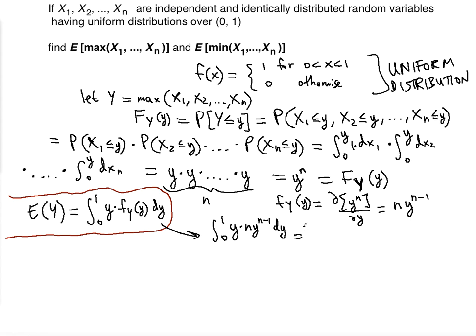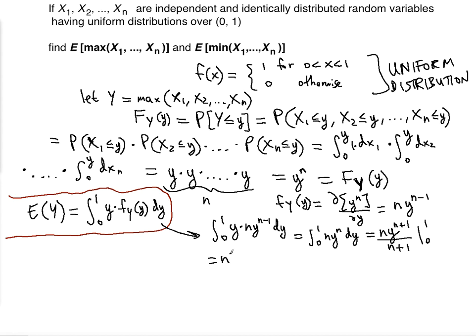That's going to be the integral from 0 to 1, and the y's can be combined as bases: n minus 1 plus 1 is n. And this is very easy. It's going to be n y, the power will increase by 1, and you also need to divide by that final power, integrated from 0 to 1.